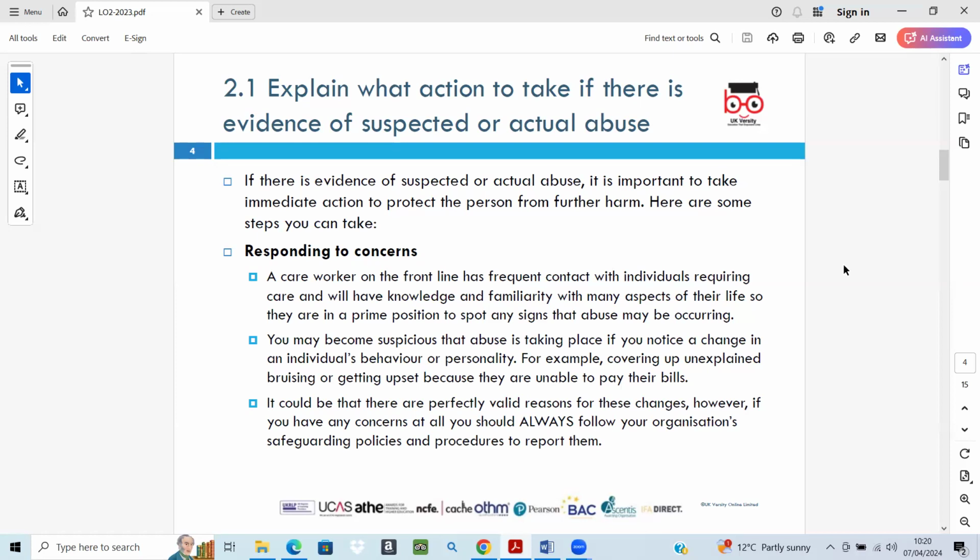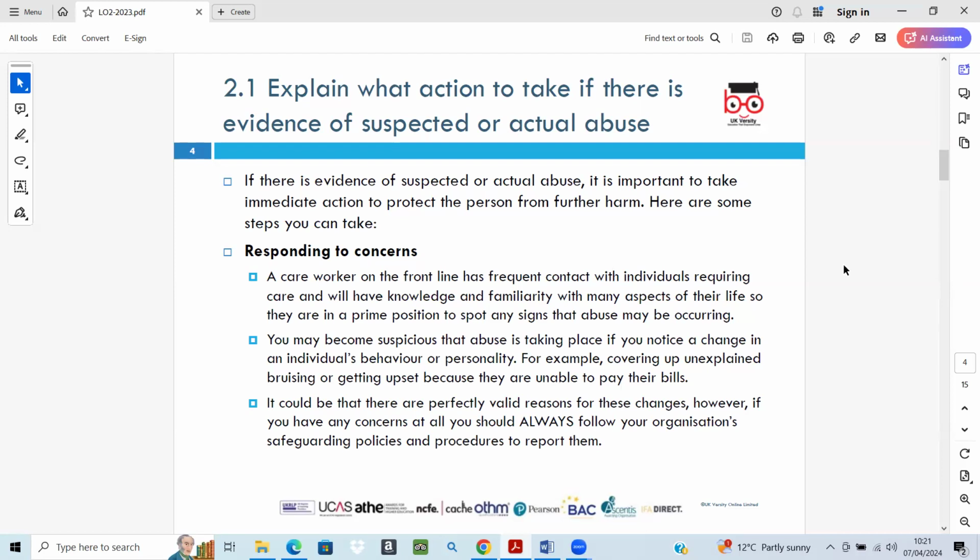For example, if a care worker notices that an individual is covering up unexplained bruises or is upset about financial issues, there could be signs of physical or financial abuse. It's important to remember that these changes might have a valid explanation. Therefore, care workers should not jump to conclusions, but should be vigilant and report any concerns according to their organization's safeguarding policies and procedures.